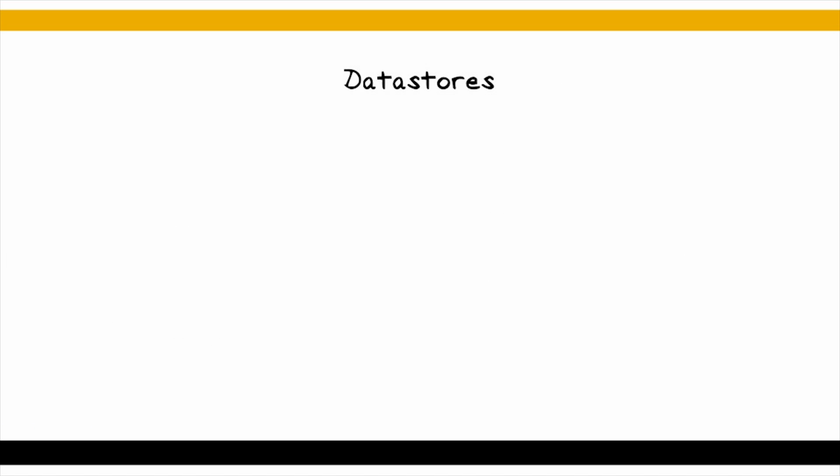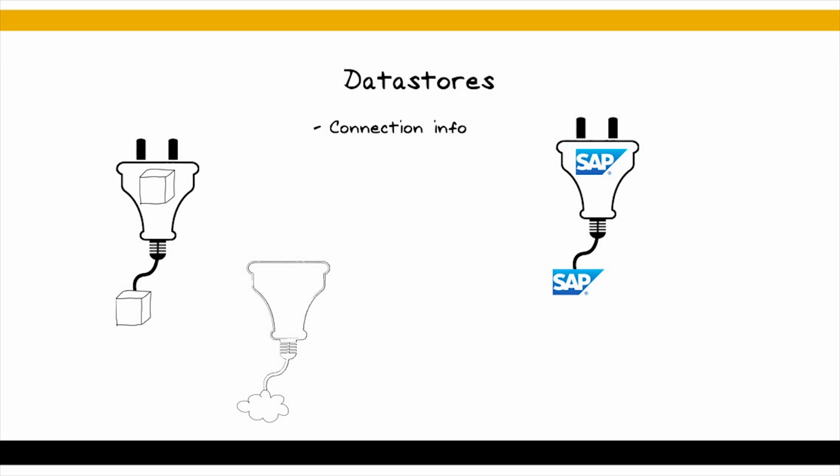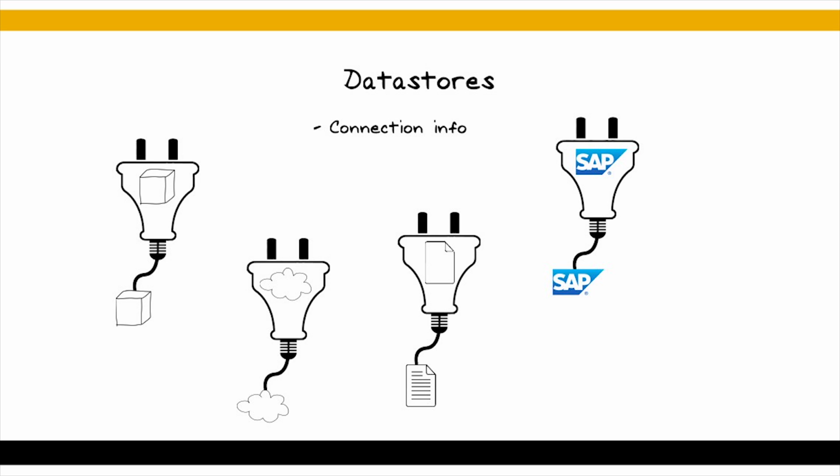Data stores. In order to move data, you first need to connect to your source, where your data is, and your target, where you want to move it to. A data store holds the information you need to connect HANA Cloud Integration with your data. Your data might be in an SAP application, a database, cloud application, file format, or web service.